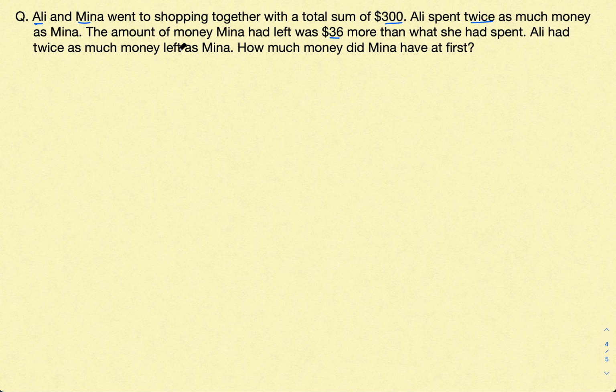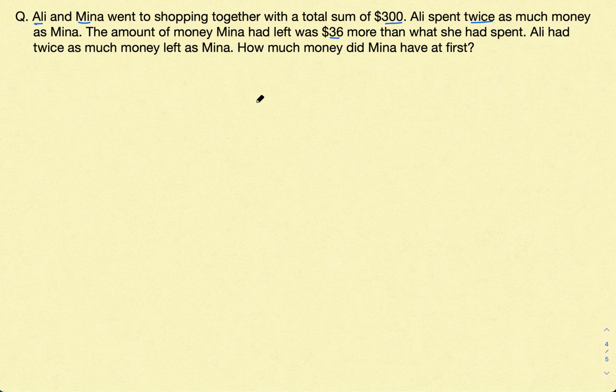Now the amount of money Meena had left was 36 more than what she has spent. That means at the end, after spending her money, Meena is left with 36 more than what she had spent, right? Now Ali had twice as much money left as Meena. So whatever amount of money Meena was left, Ali had twice of it. Our job is to find out how much money Meena had at first.